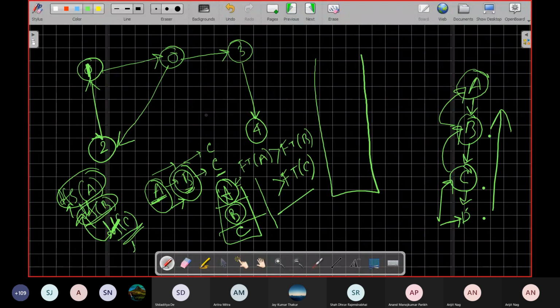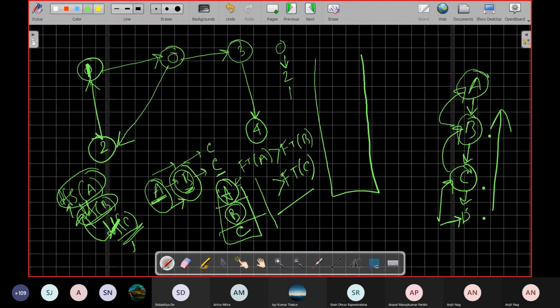Okay. So for this, suppose we are starting from 0. Now what can we do? From 0 we call DFS on 2.